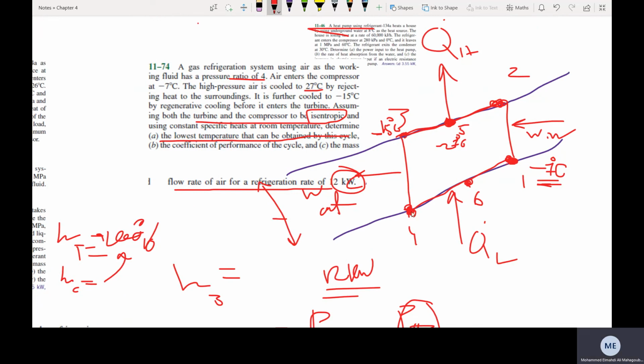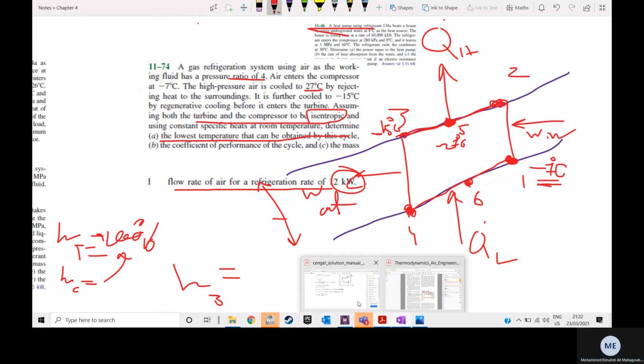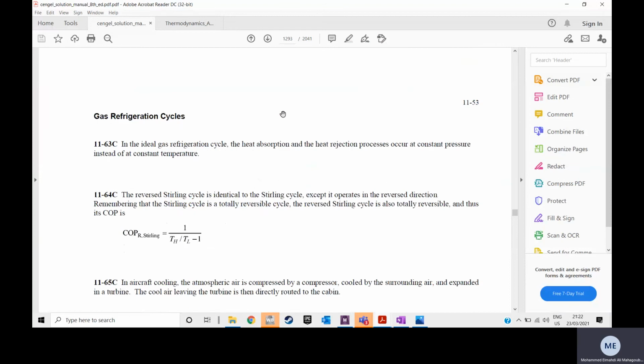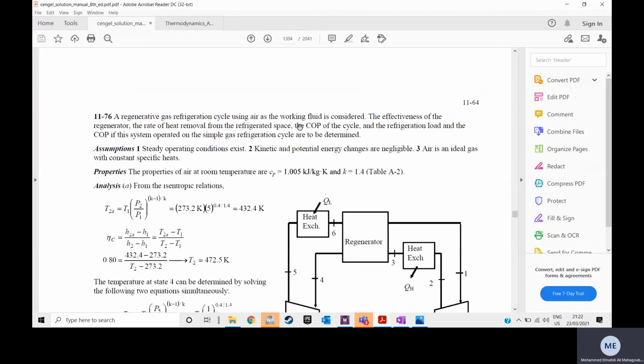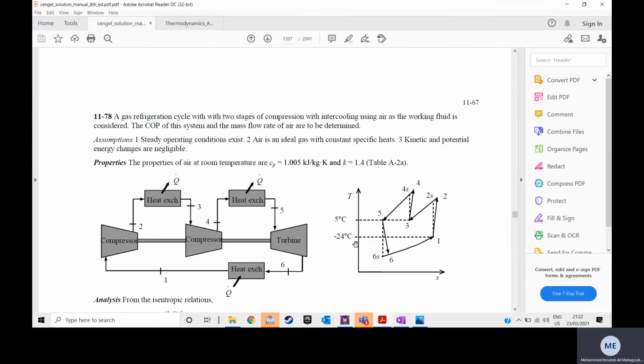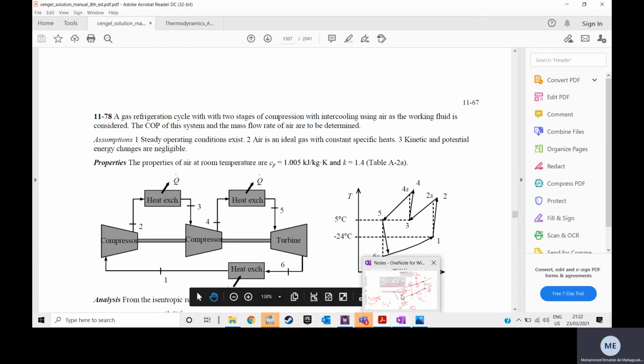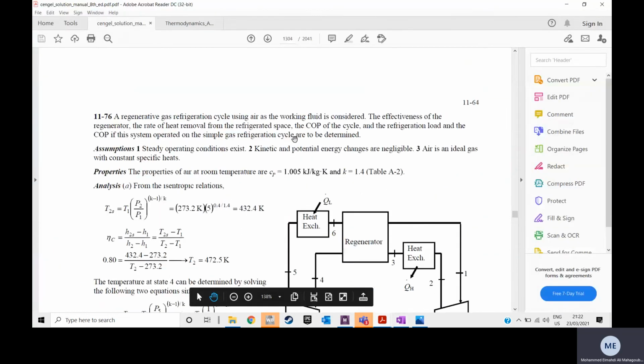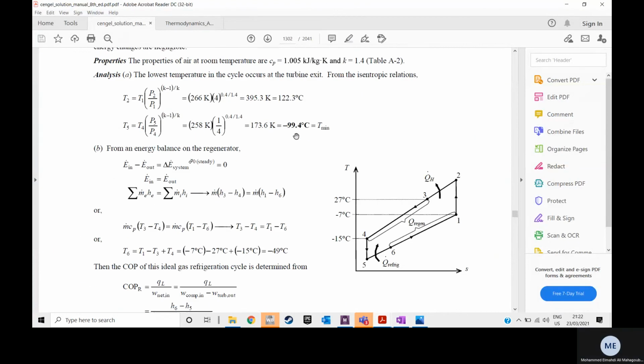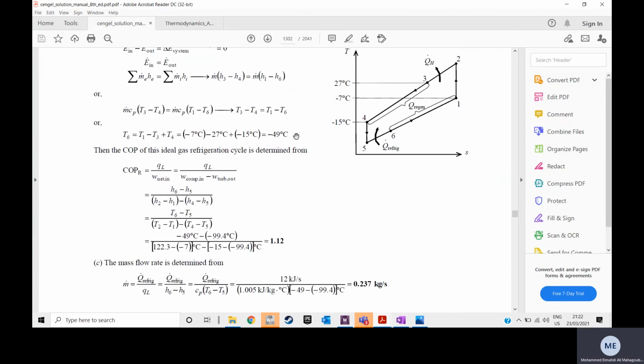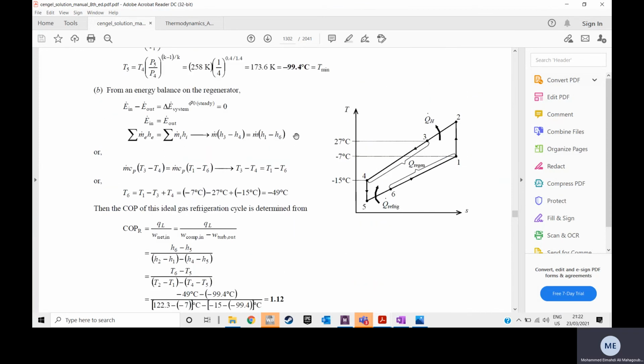And 200 kelvins, okay, let me see how much in Celsius that is. It is minus 73 degrees Celsius, okay? So the temperature is much lower than minus 73 degrees Celsius. It is weird. Let me check it. This question 74, what's the lowest temperature in the cycle?